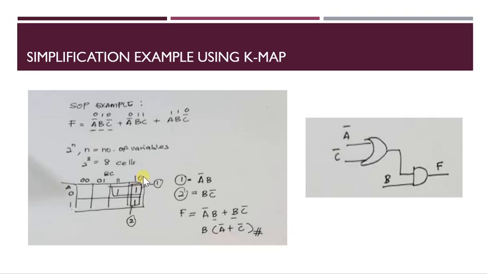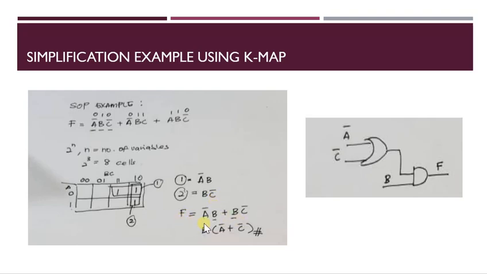Since C is 0, we need to put C bar. We take B, C bar. So we have two groupings here, 1, 2. For grouping number 1, the simplified equation is A bar B. For the second grouping, the equation is B and C bar, right?